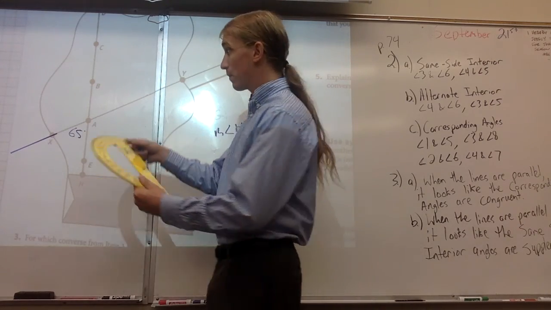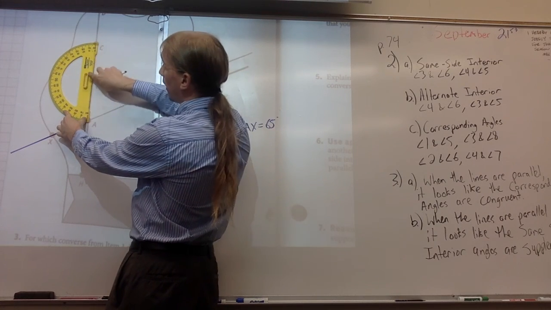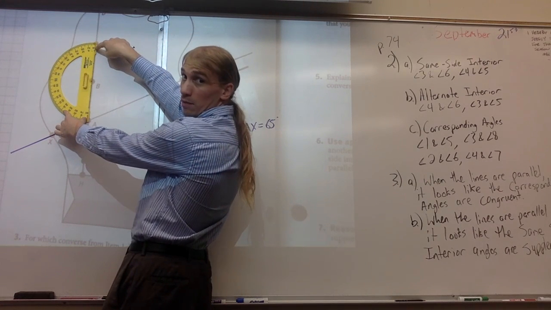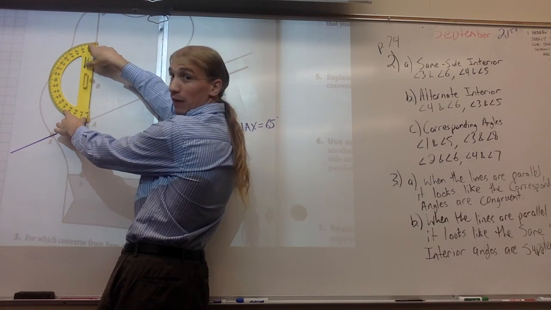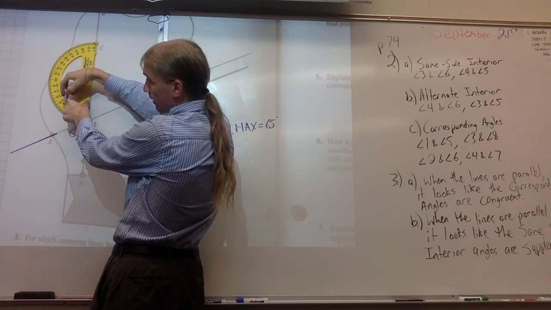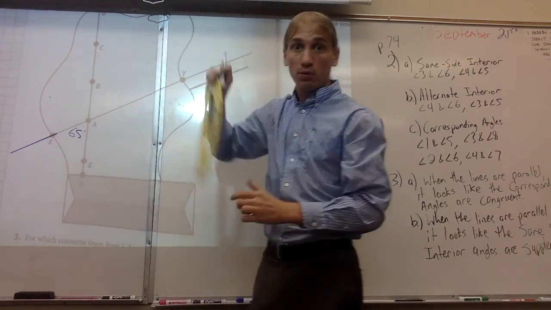To make that, I'm going to put my protractor so it's lined up on point B, line up the bottom of my protractor with this line. And once again, I want to make a 65 degree angle. So I just locate 65 degrees on my protractor, put a little dot there, remove my protractor.